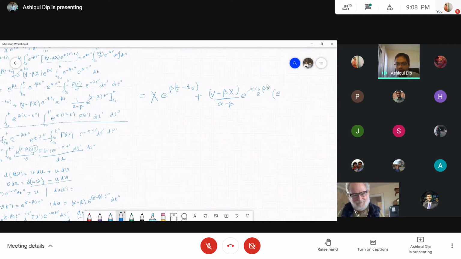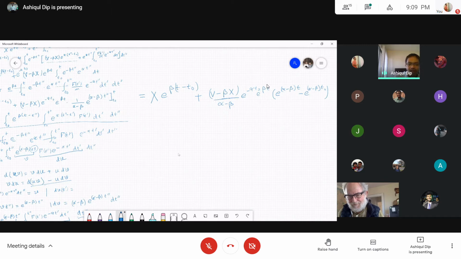One is e to the power alpha minus beta into t minus e to the power alpha minus beta t0, right? This is upper and lower, substituting by upper and lower limit. Is that okay? Yeah, I think if you put the value of alpha and beta, it can be more simple. Yeah, when we substitute alpha and beta explicitly, then it becomes more simple.